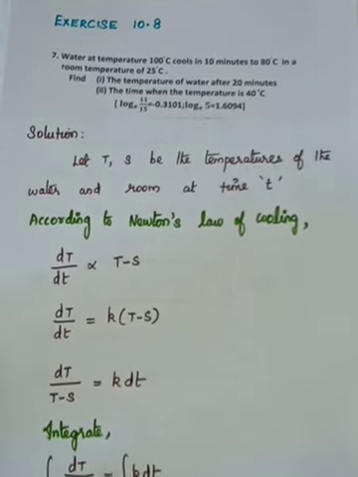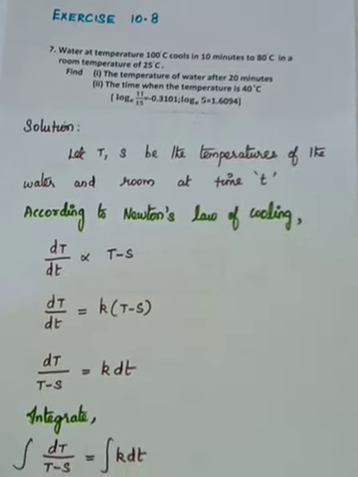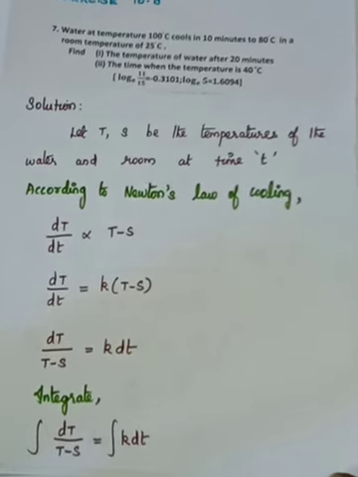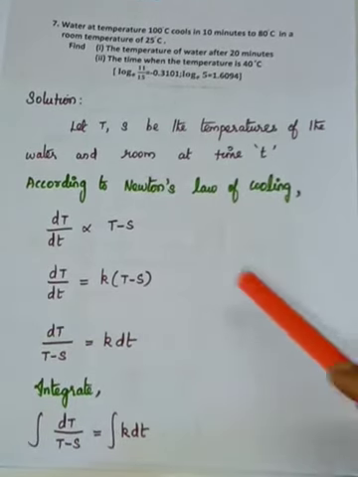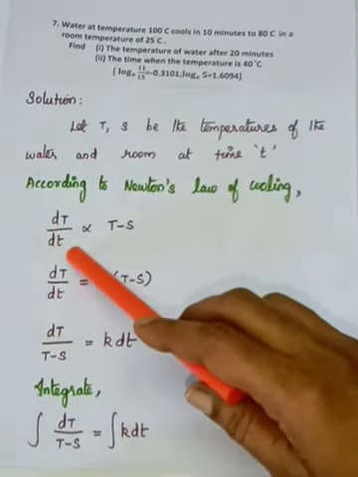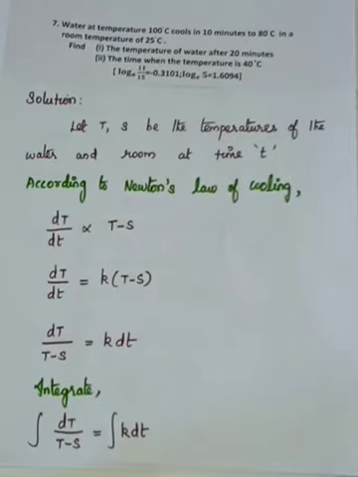Okay, so according to Newton's law of cooling, the rate of change of temperature of the body is directly proportional to the difference between the temperature of the body and the surrounding medium. That is Newton's law of cooling.